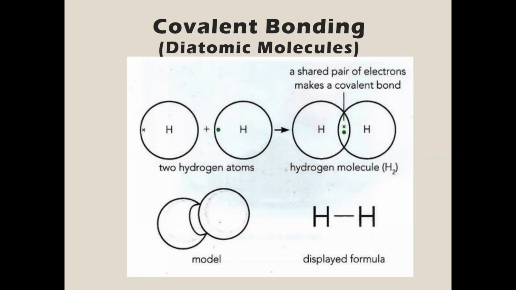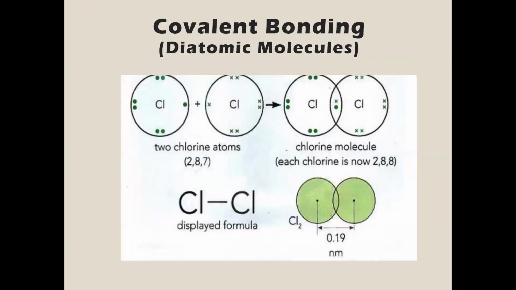So this is the covalent bond that formed between hydrogen atoms to form hydrogen gas, H2. Every hydrogen atom has one electron, and when they come close to each other, each will share the resultant pair of electrons, as you can see, forming the H2. Same for chlorine, Cl2.